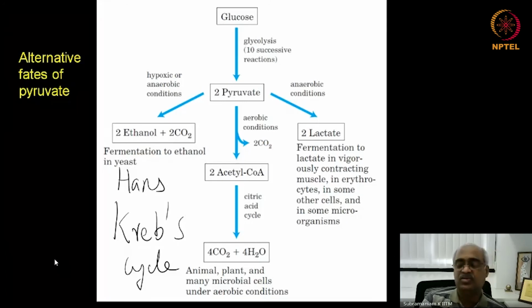Due to that, glucose uptake by the microorganisms in the absence of oxygen was high. And that is called the Pasteur effect. So the Pasteur effect is higher glycolysis in microorganisms in anaerobic conditions.